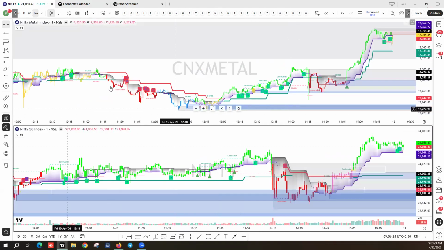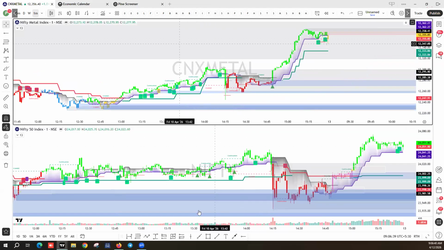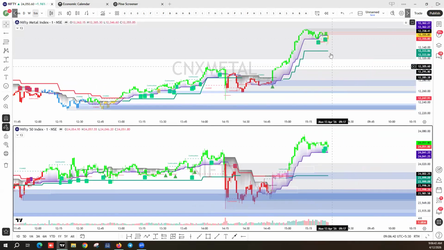We can check on the daily chart also. And this is a daily chart. On the daily chart, metals were underperforming for some time, but then it started going up. Let me refresh both charts.